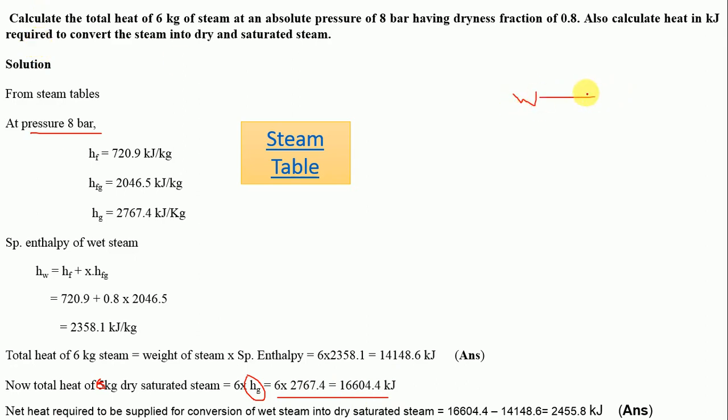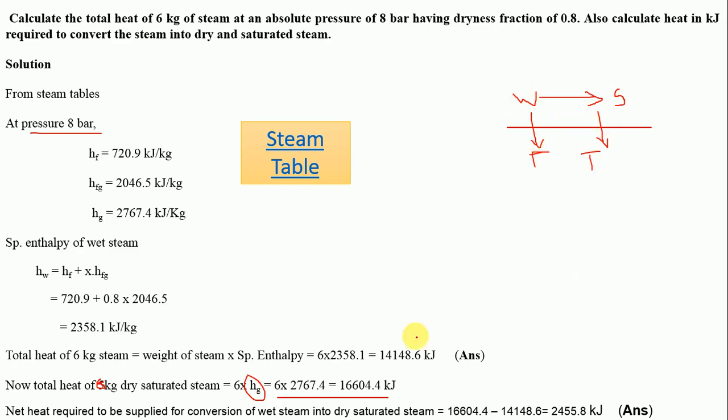How do we find the net heat required to convert the wet steam into dry saturated steam? We take the difference between the total heat at dry saturated steam and the total heat contained in the wet steam.